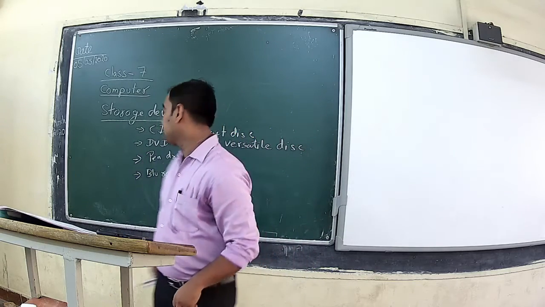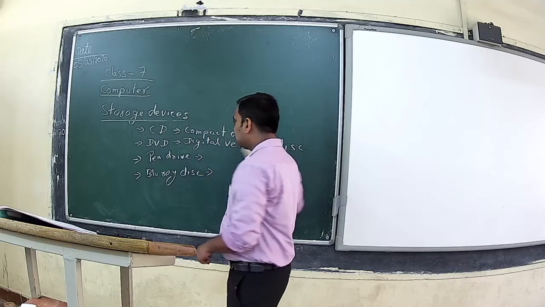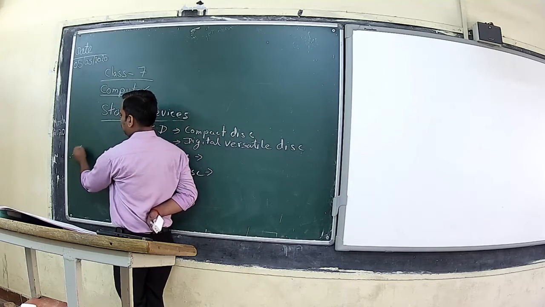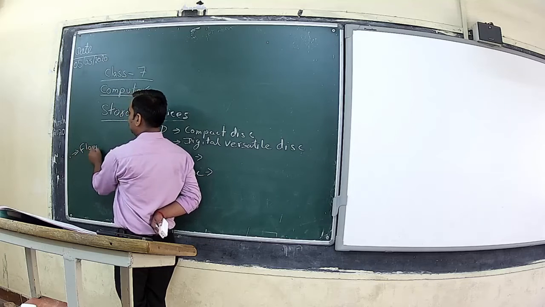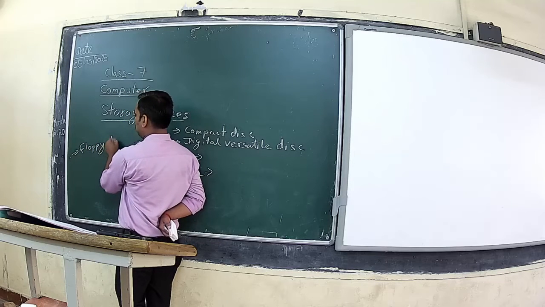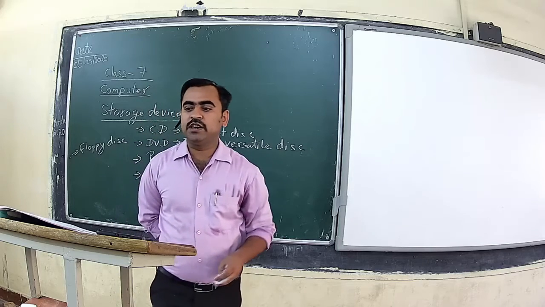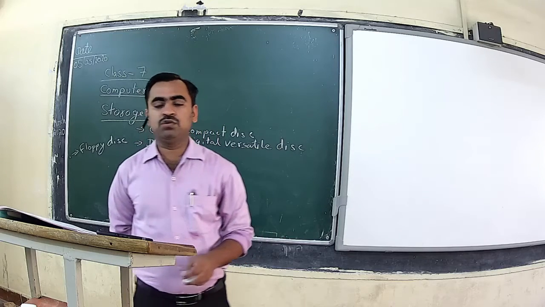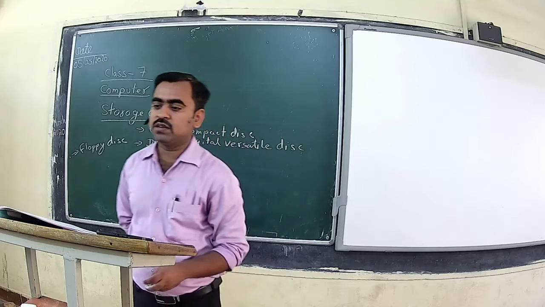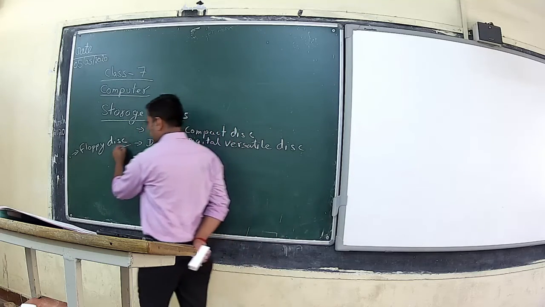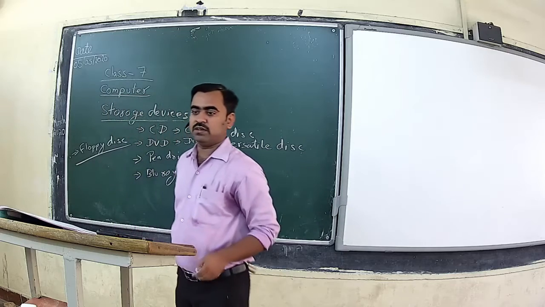Okay. Before the CD, we used to store the data on the floppy disk in the earlier times, and now these floppy disks have been replaced by the CD and the DVD.